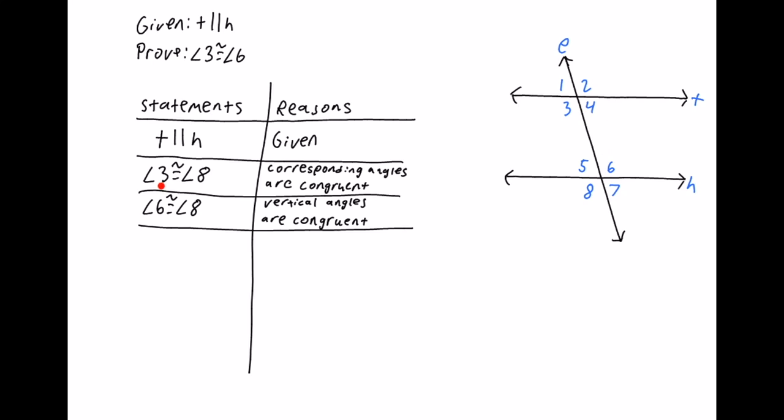Because before we said angle 3 is congruent to angle 8 and angle 6 is congruent to angle 8, therefore we can say angle 3 is congruent to angle 6. So now we just proved that angle 3 is congruent to angle 6.